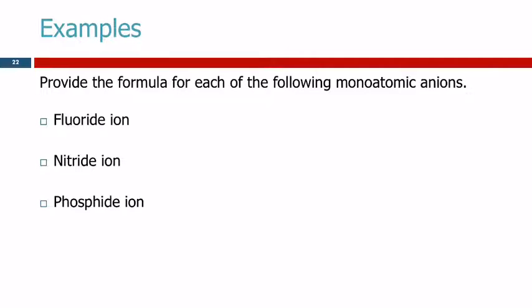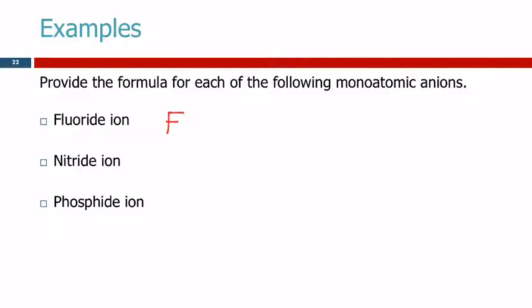Okay, so let's write formulas for these ions. The fluoride ion is from which element? Fluorine. What's the symbol for fluorine? F. How do you know what the charge on the ion is?